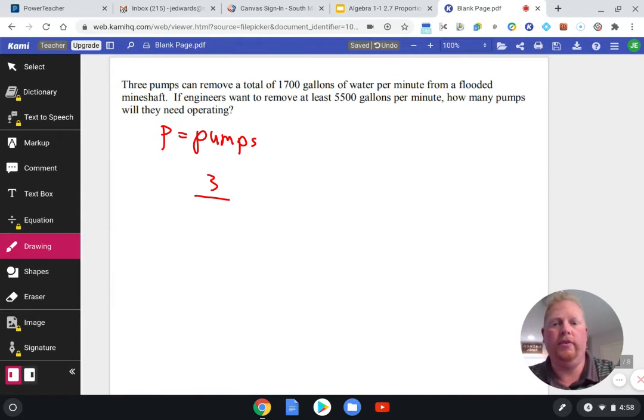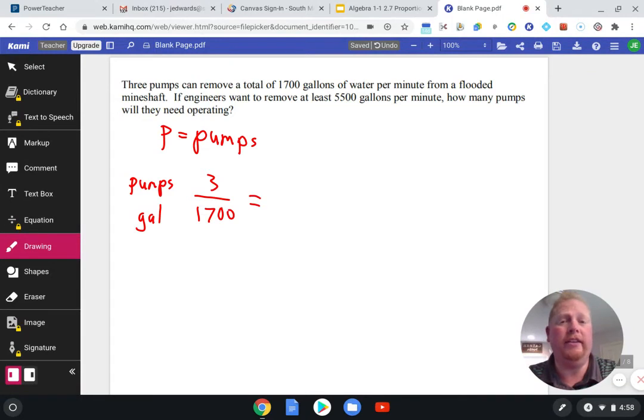So 3 over 1,700. Now just to make sure that I'm setting things up the right way, I'm going to go ahead and label these. So 3 is the number of pumps, and 1,700 is the number of gallons of water that they move.